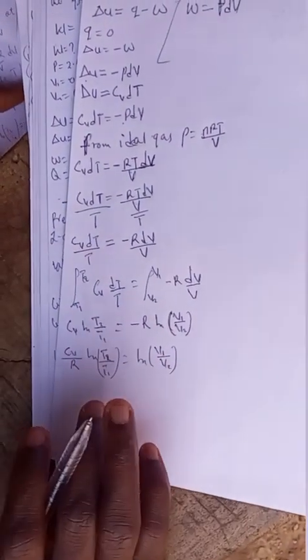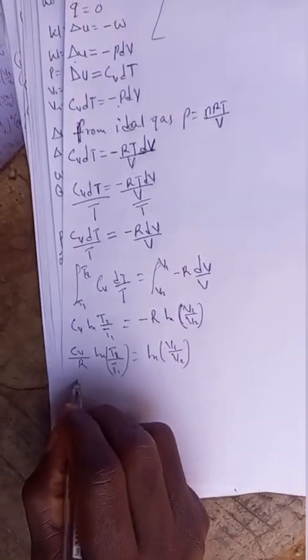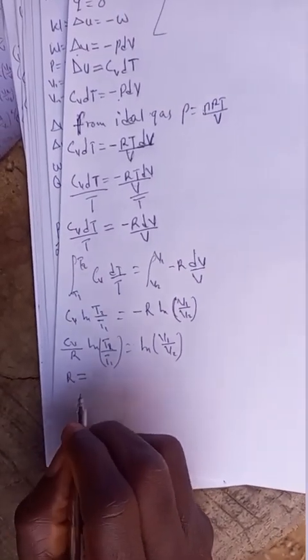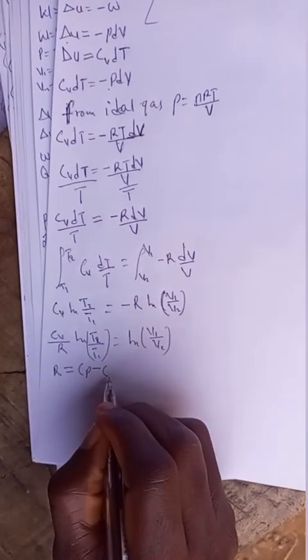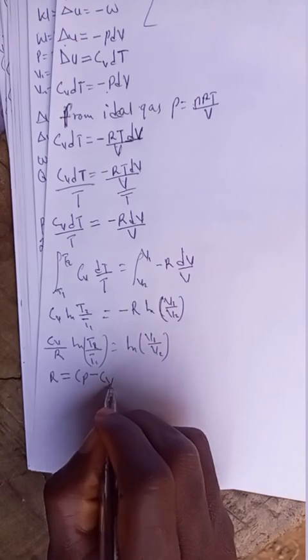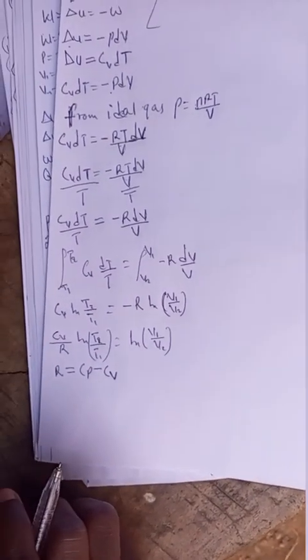So from here, we can move further by saying R is equal to CP minus CV. Note this, R is equal to CP minus CV.